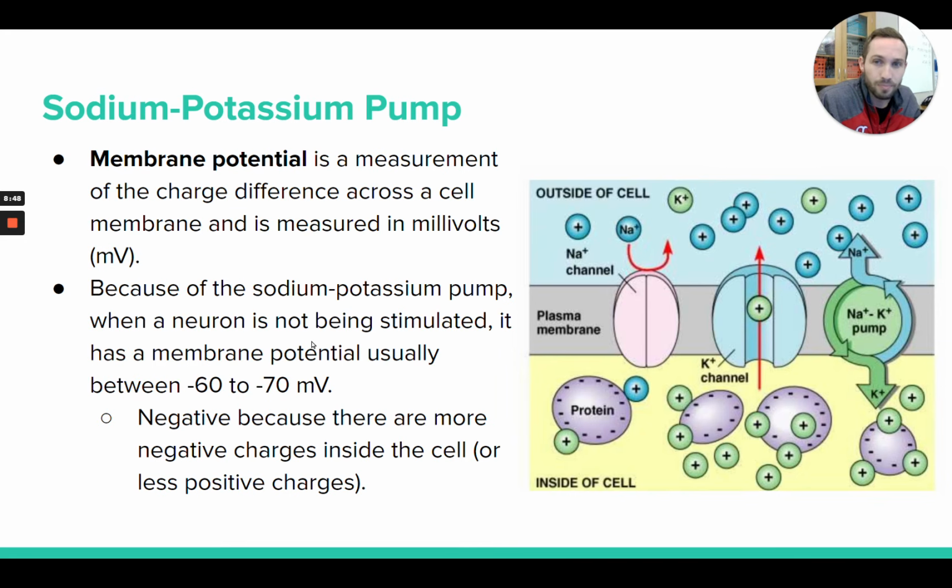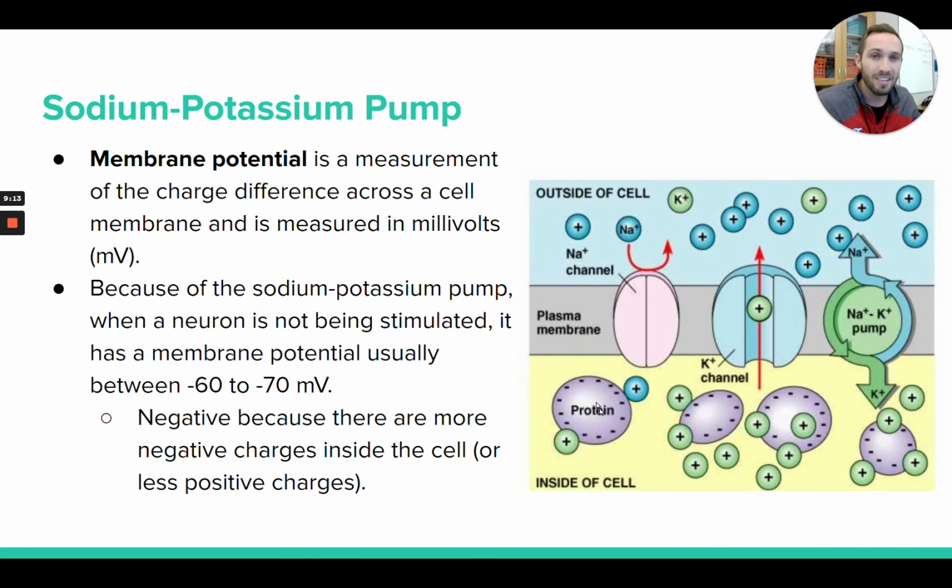Now for example, your neurons, your nerve cells and even the neurons in your brain, have thousands and thousands of sodium-potassium pumps in each nerve cell. So every nerve cell has a bunch of these sodium-potassium pumps on its cell membrane. And because of that, the membrane potential is measured as -60 to -70 millivolts in a resting nerve cell.